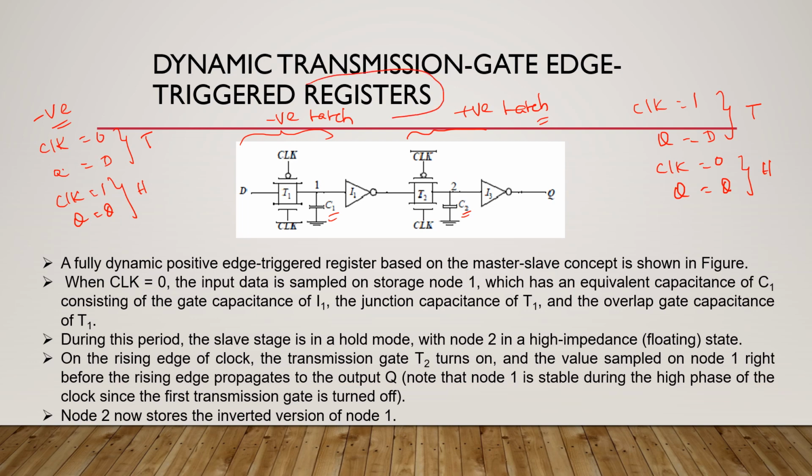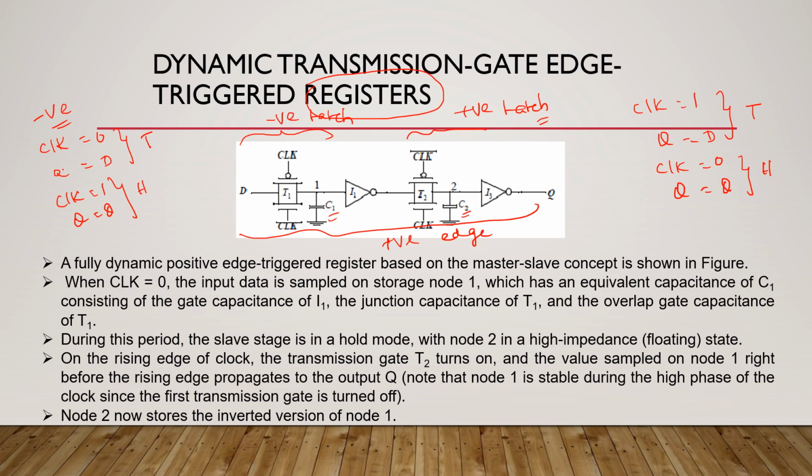If you want to design a negative edge-triggered register, the first latch must be a positive latch and the second latch must be a negative latch. That is the main difference.